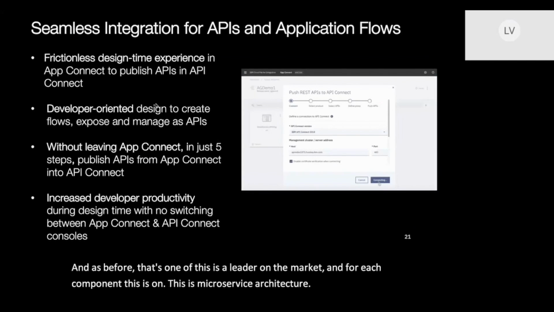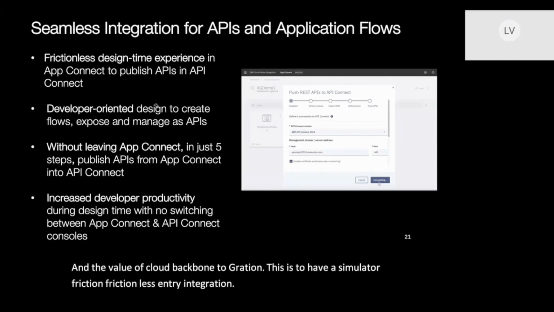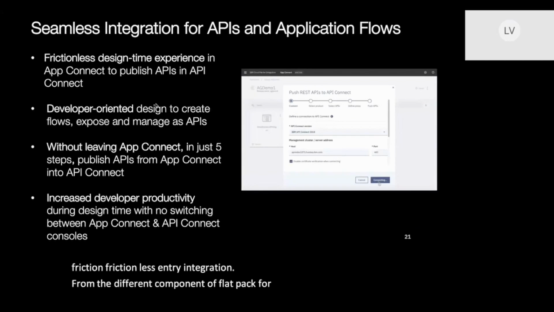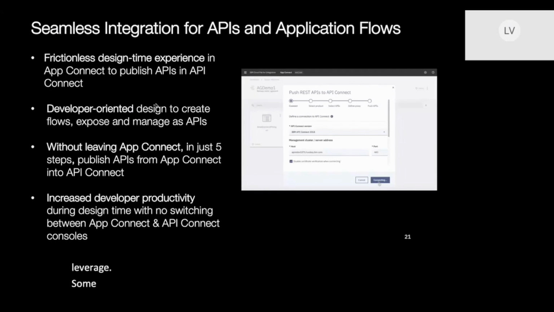And the value of Cloud Pak for Integration is to have a seamless or frictionless integration between the different components of Cloud Pak for Integration. And that's an example between API Connect and App Connect. That means that without any development, just by using 5 steps or 5 clicks, you will be able to leverage some API you define and expose in API Connect.